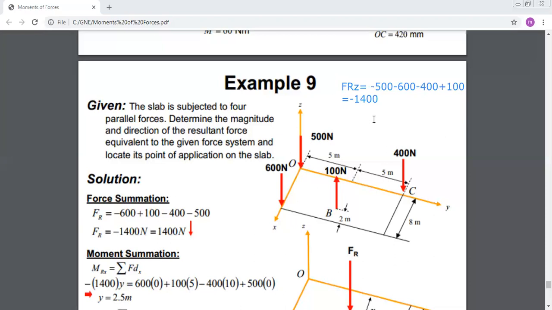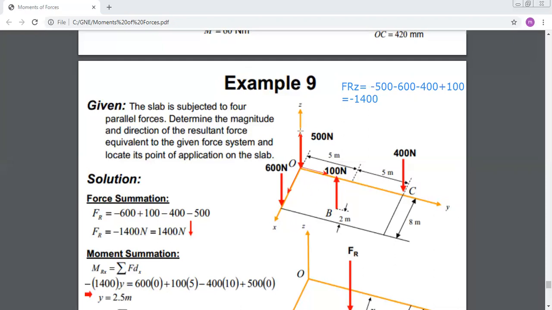And you know that in 3D, the moment about a point is divided into three parts. Moment about X, moment about Y, and moment about Z. Okay? Here, in this problem, you have two choices. You can do the vectorial method, okay?